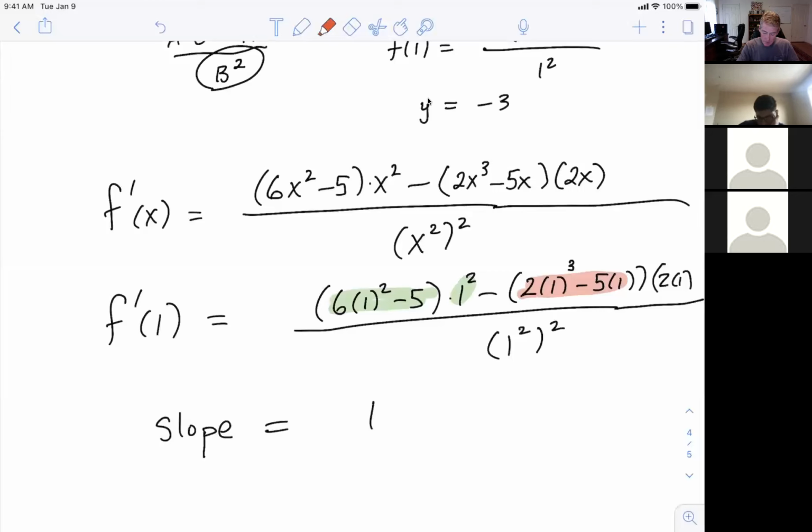And then negative 3 times 2 is negative 6. But then it's multiplied with this negative, it becomes positive 6. And then it's divided by 1 squared, which is 1, so the bottom is just 1. So the slope equals 7.